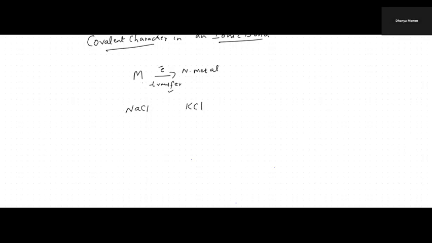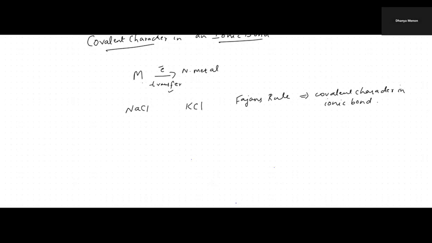But Fajans rule tells us the covalent character in ionic bond.